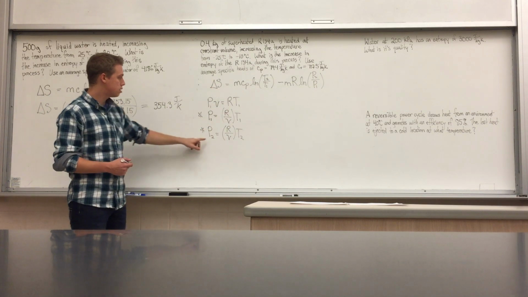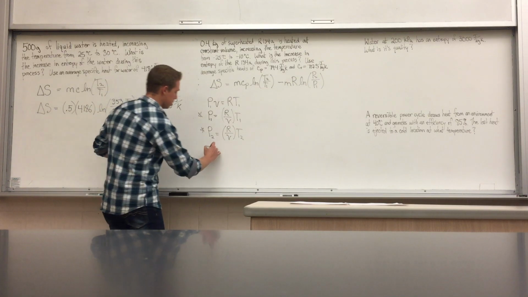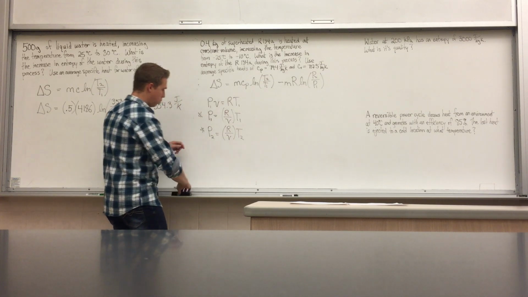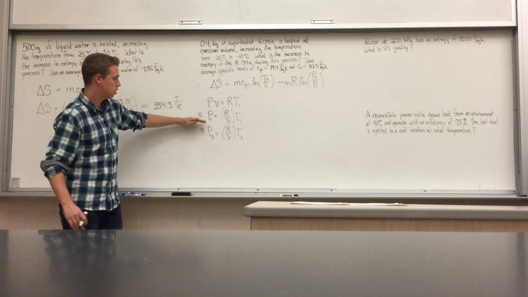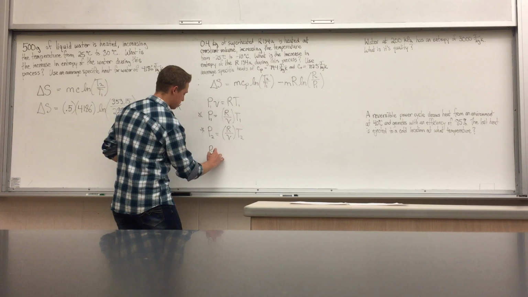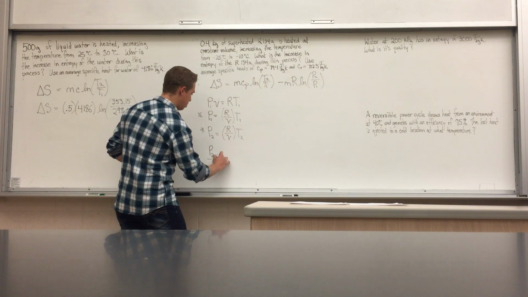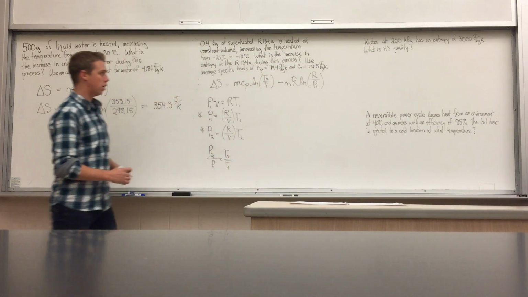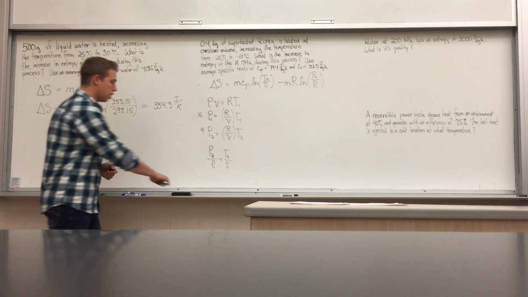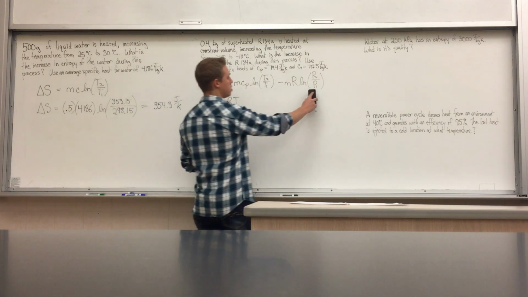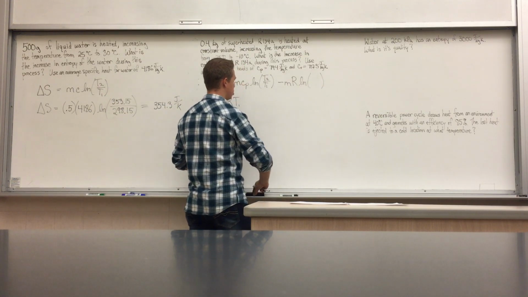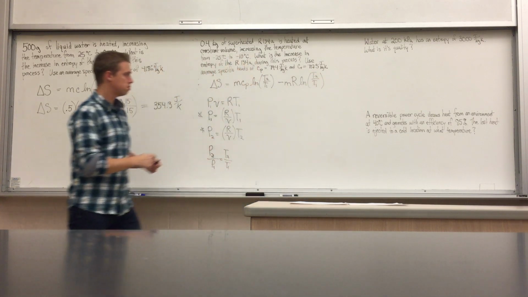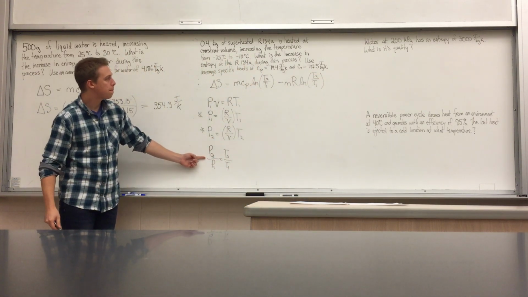So what I realize is that if I take the ratio here, symbolically, I should do 2 over 1, right? So I'm going to take this whole equation and divide by that whole equation. P2 over P1 equals T2 over T1. So what I'm going to do is erase this and just write T2 over T1, because that's what we get.